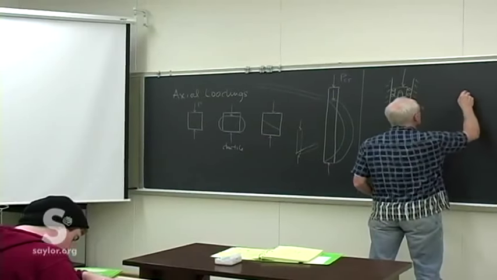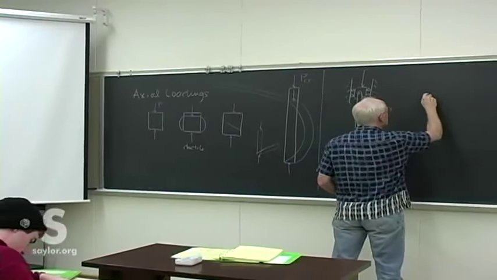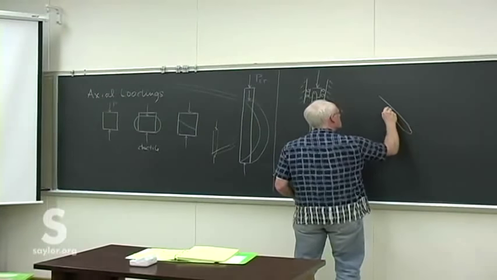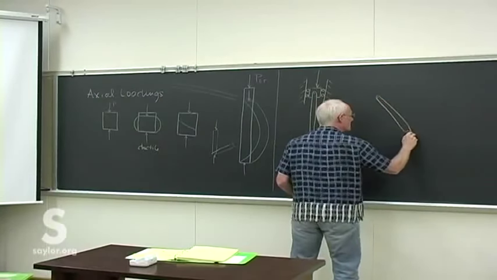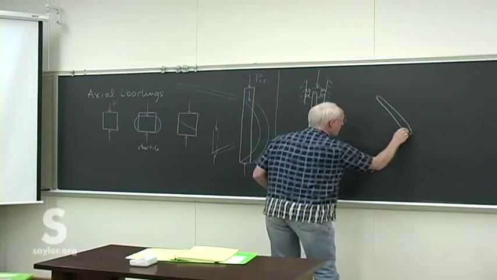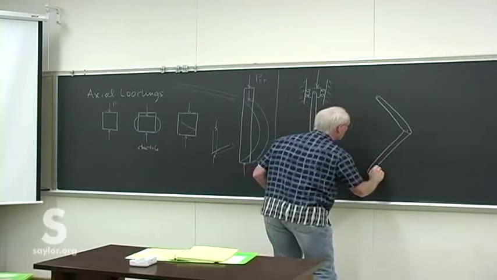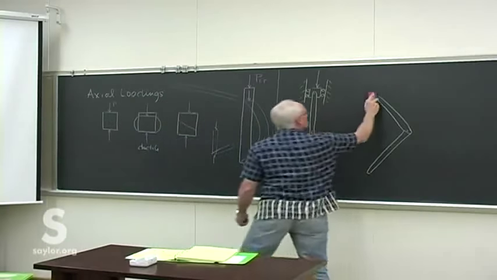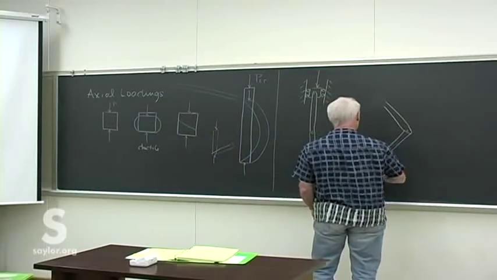So, as it's loaded, then it'll deform something like this. Of course, this being an equilateral triangle, because the two pieces are of equal length.